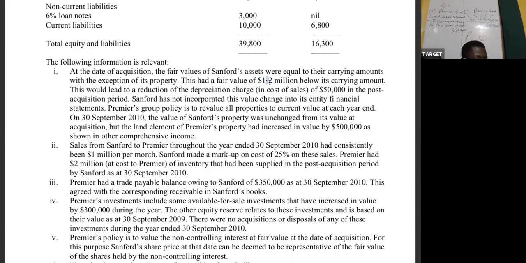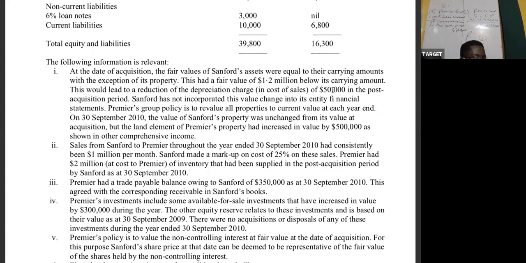Once it's a loss, kindly subtract it from the net assets, both at acquisition and at reporting, and kindly subtract it from the reporting figure on the financial position. And that is all. Okay, then you are done.